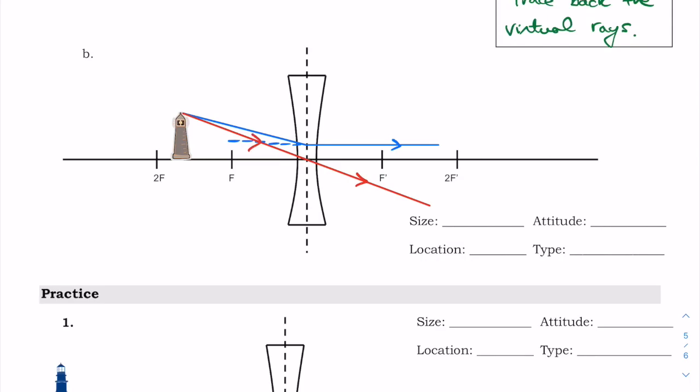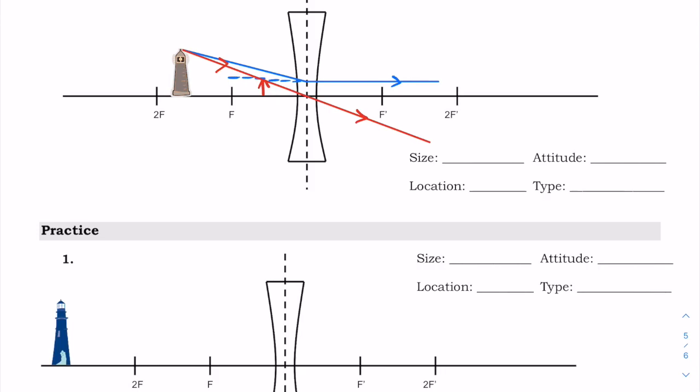And honestly, everybody, that's enough. Look at where the red light crosses the dotted blue line. That'll be the location of your image. Right here. You really only need two to find the location of an image.